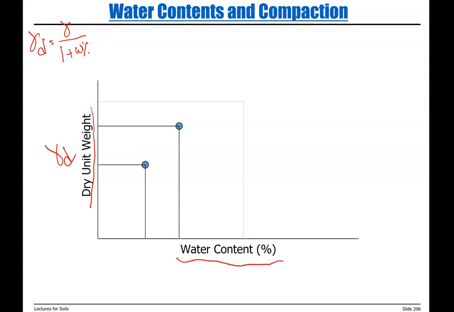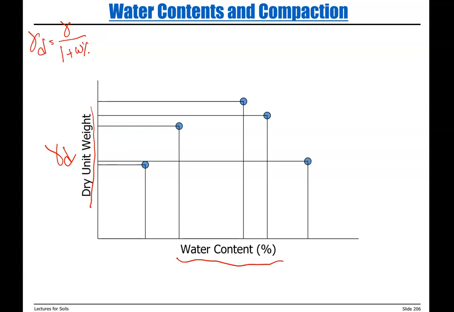Then we have our data points. And again, you need to repeat the test multiple times. Keep adding water to your soil and do another trial until you see that dry unit weight starts going down. That's when we can stop the test.